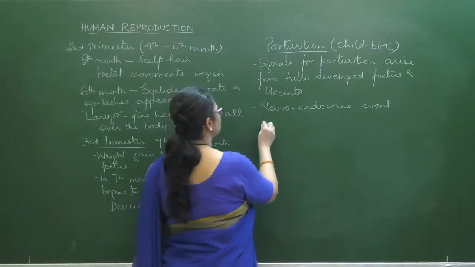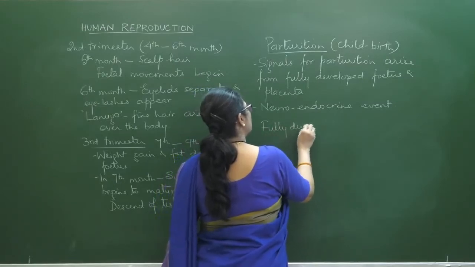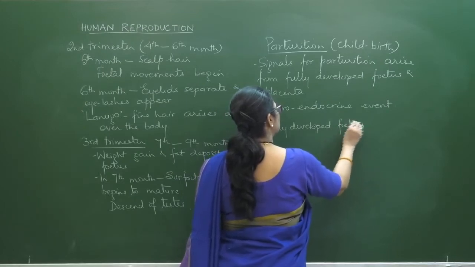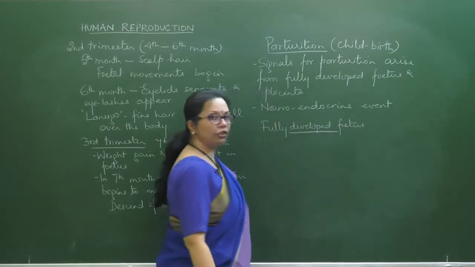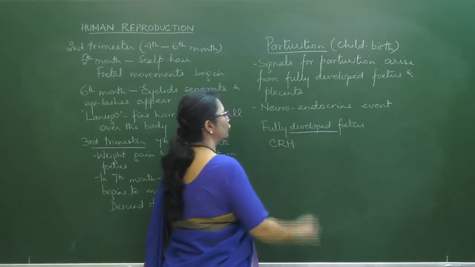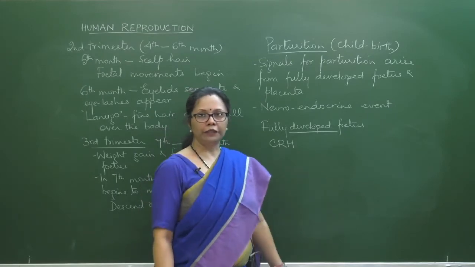So if we start from the fully developed fetus, in the fully developed fetus there is release of CRH, corticotrophin releasing hormone. What is the source of this CRH? Let me see how many people remember.